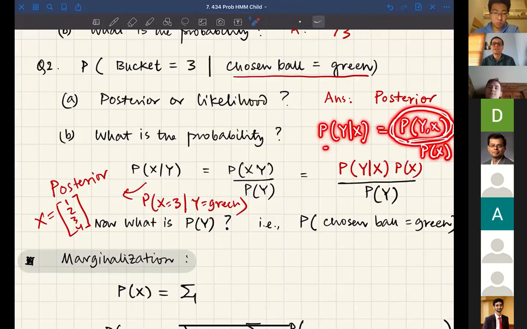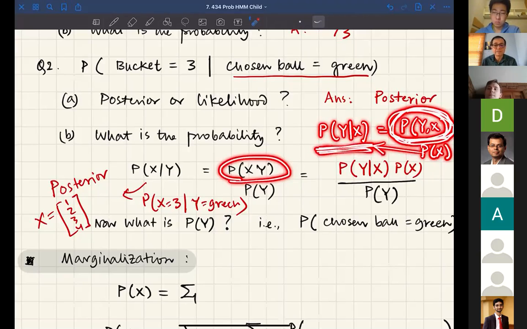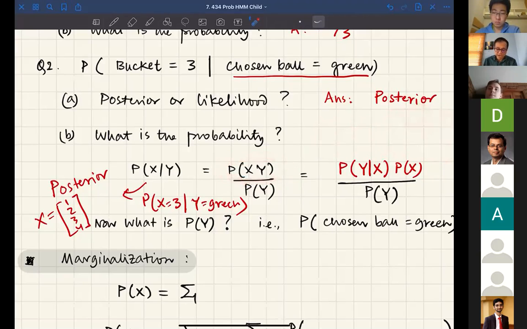It means the probability of y and x occurring together, which is the same as the probability of x and y occurring together. So I can write this numerator as py given x times px.